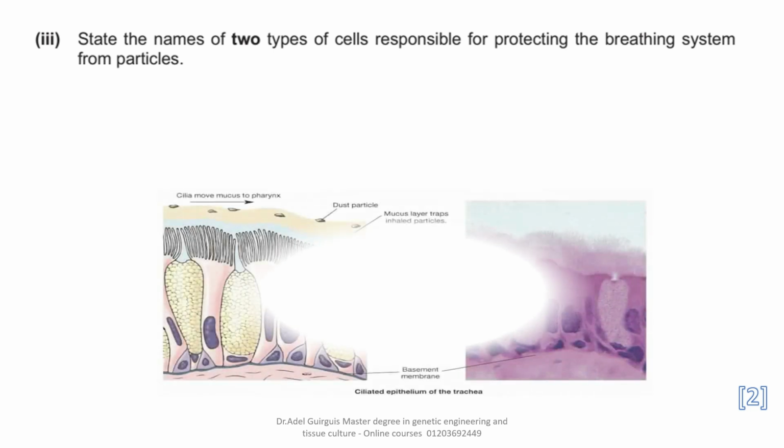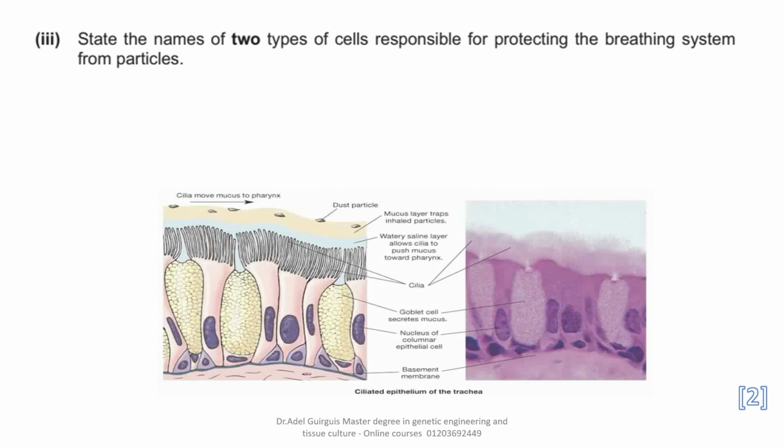Here, look. Yes, ciliated epithelial cells. This tissue is called ciliated because it possesses cilia at its free end towards the lumen of the air pathway, and the goblet cells in between secrete mucus.